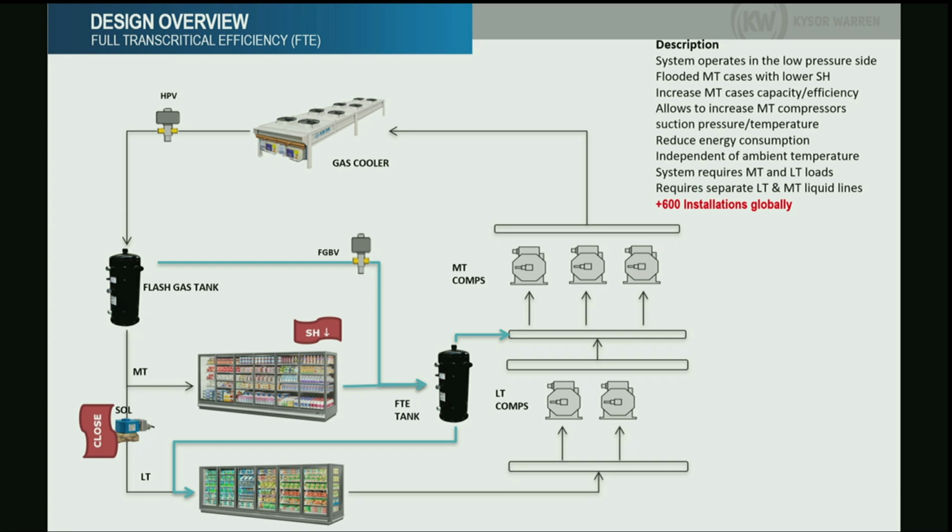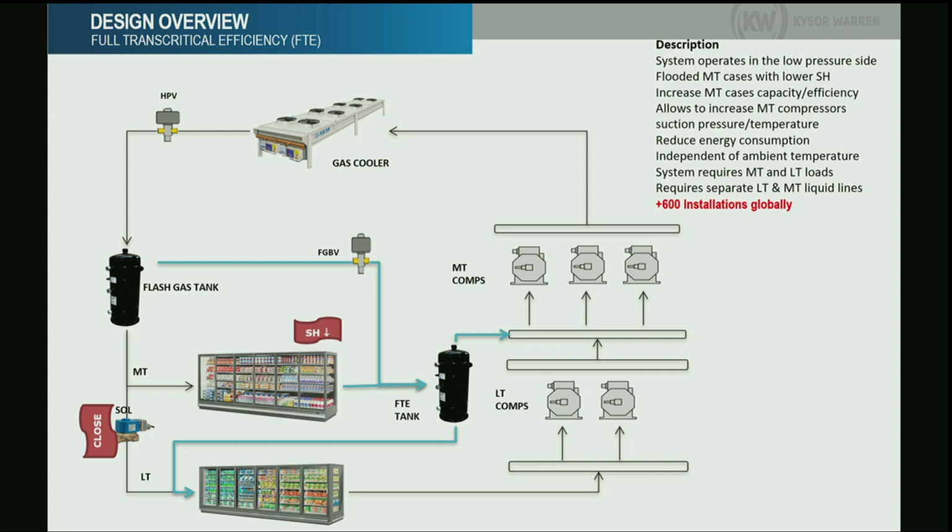So basically, we are wasting 20% of our coil for superheat instead of producing cooling. So when we do the FTE, instead of having 8 degrees of superheat, we reduce the superheat on the medium temperature cases down to 1 or 3 degrees. That means we will have more refrigerant, and more surface area for cooling instead of superheating, right?